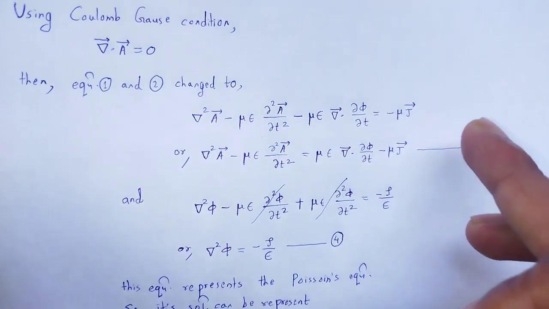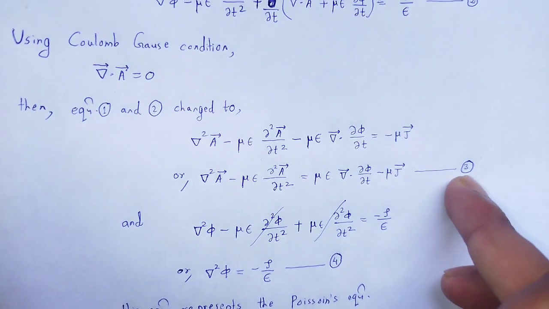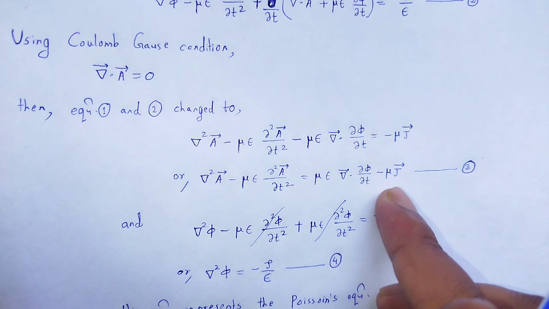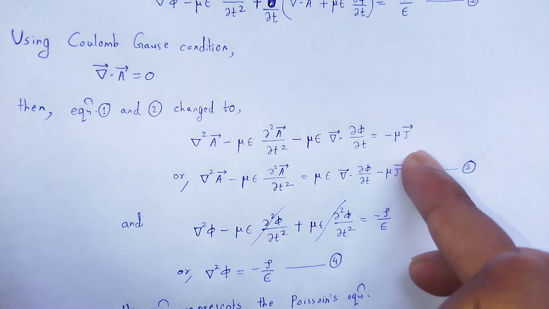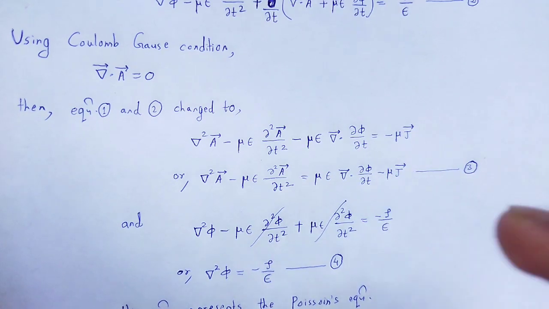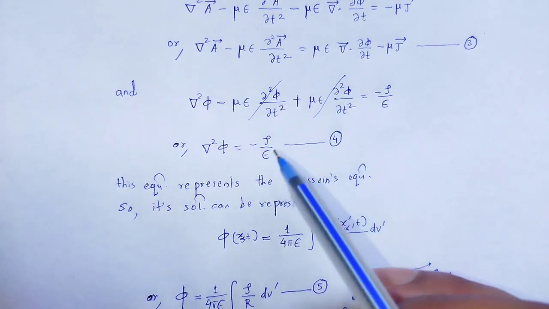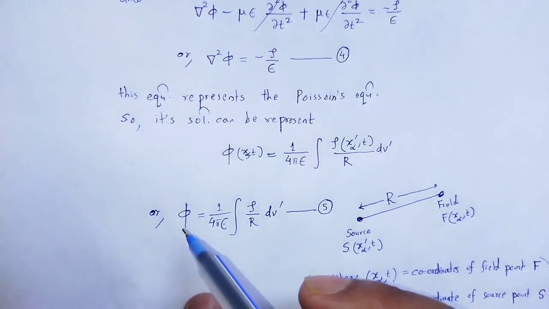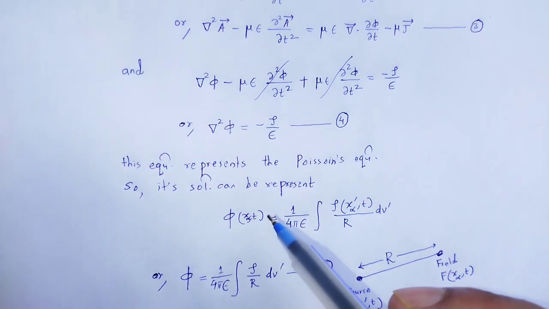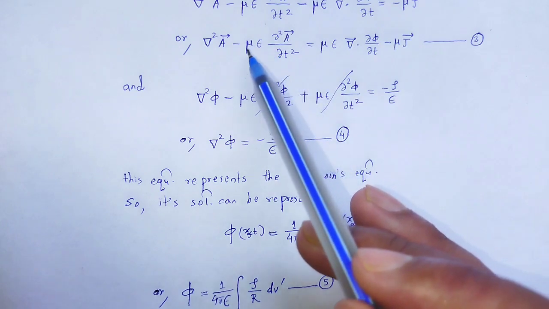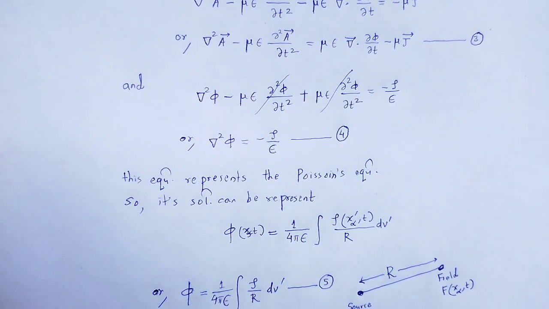Again, to solve equation number 3, first we have to calculate the current density term J, and then putting that solution phi, we can easily get the solution for A vector.